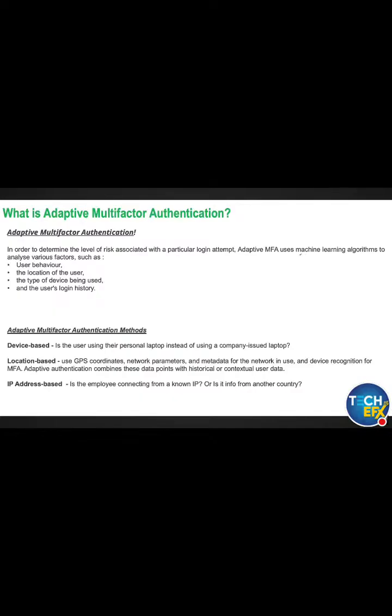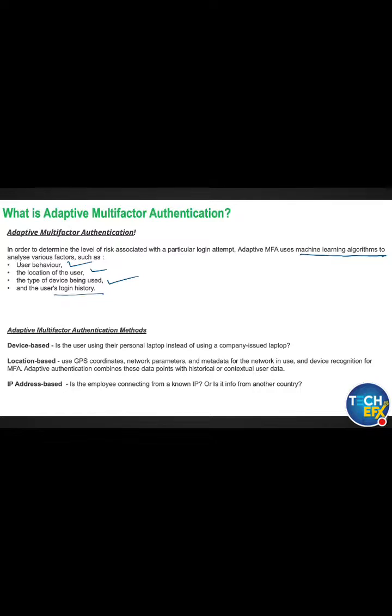This means the system can automatically prompt users to provide additional forms of identification if the risk level is high, or allow users to bypass certain authentication methods if the risk level is low.